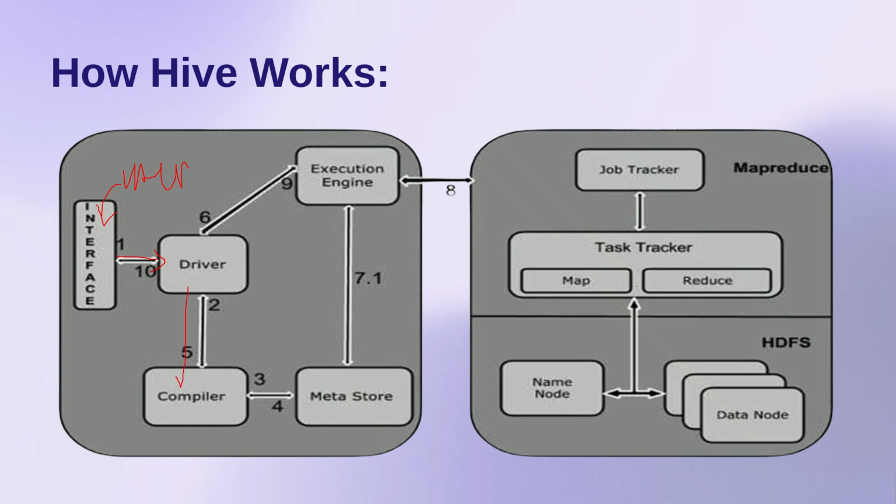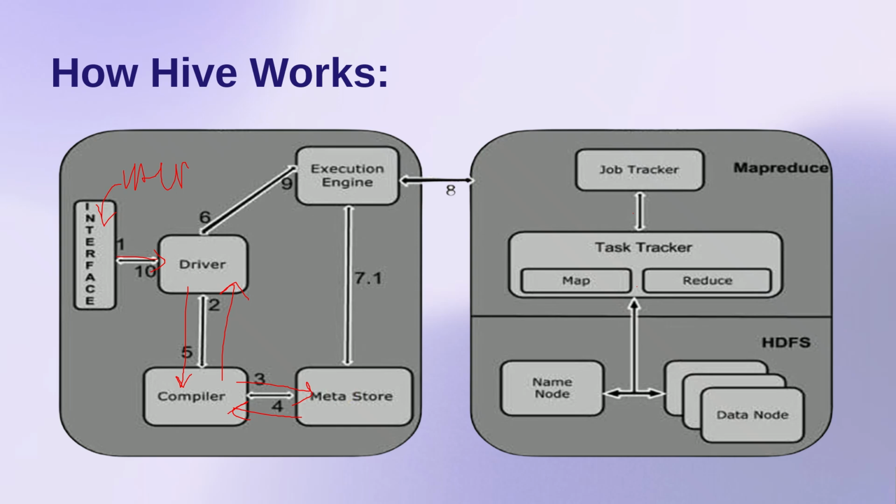The compiler will check the syntax and ask the metastore about the database name, schema name, table, etc. If everything is fine, the metastore sends a reply to the compiler, which in turn the compiler sends to the driver, telling that everything is fine and that they can continue the execution part.